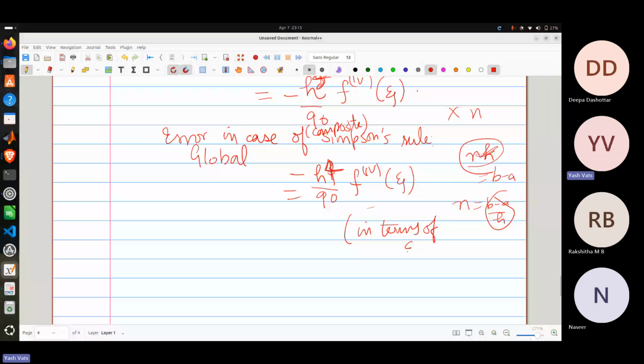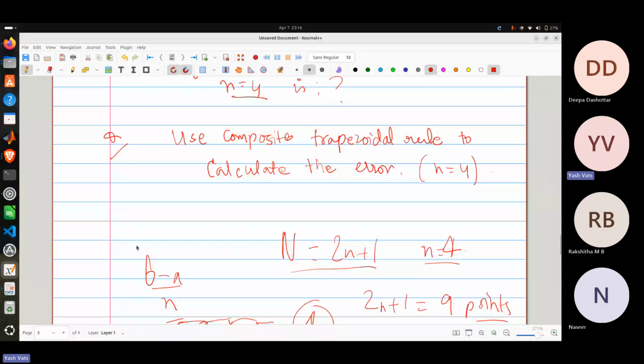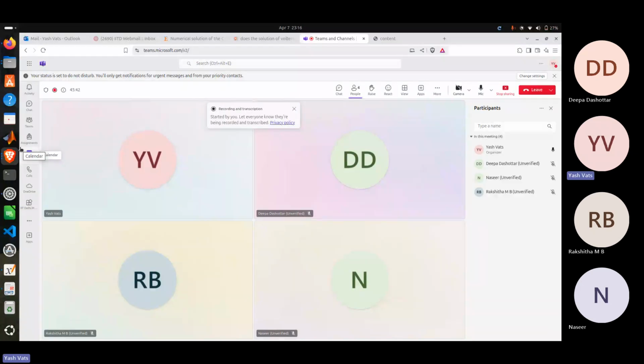If the question is asking for the exact error, then just find the exact solution minus the numerical solution. That is also error. This is absolute error. Is it clear? It depends on what the question is asking.